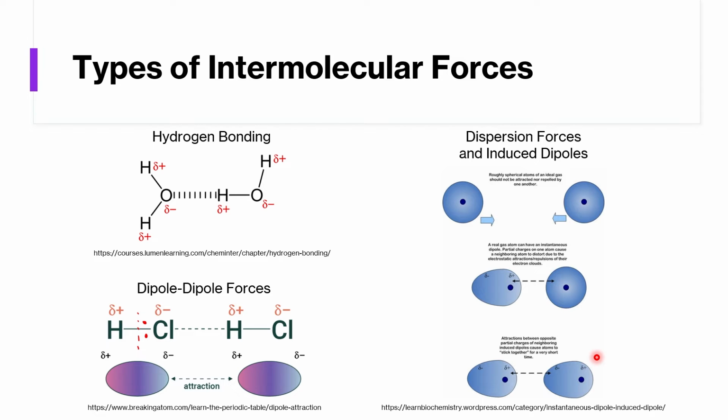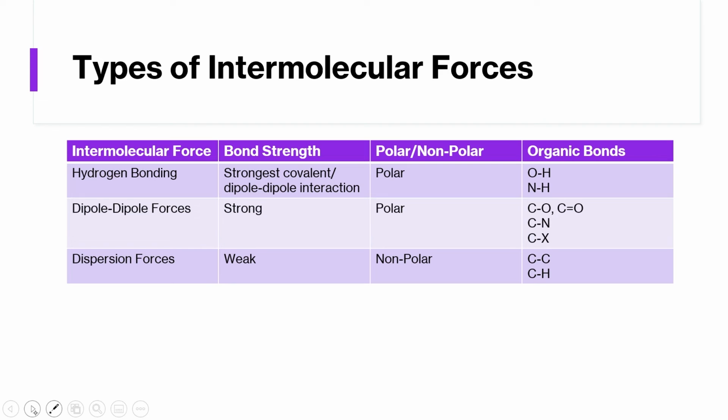So there can be some attractive forces still, even if there isn't big differences in electronegativity between elements in a bond, but these forces are significantly weaker compared to the hydrogen bonding and the dipole-dipole forces. And most of that is because these forces don't exist permanently all the time, unlike hydrogen and dipole forces, which are present at all times.